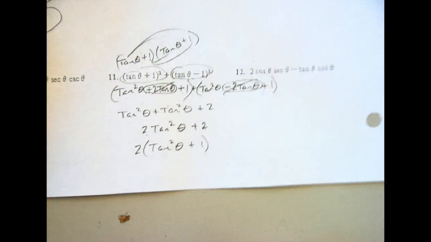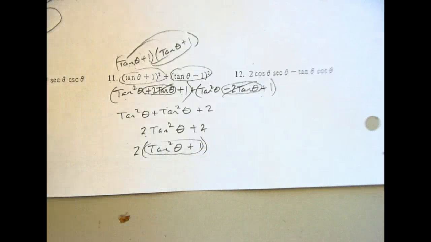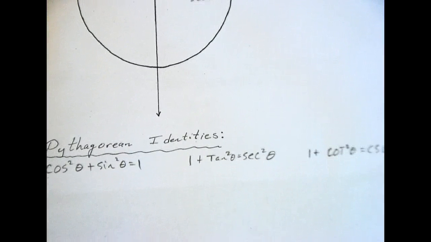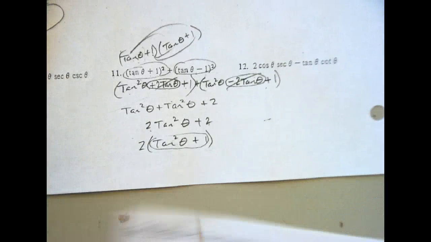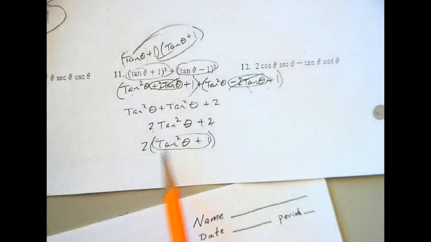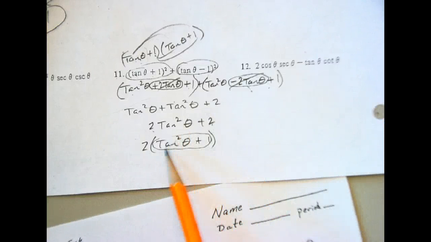Now that I factored, I can apply a property here. And that's why I gave you this circle when you came in. I gave you this to have right next to you, that way if you can't remember them, you can look at them. Tan squared theta plus 1. Anytime you see one of your 6 functions squared, you should think, hey, if it's coupled with a 1, that gives me a property, or even if it's not coupled with a 1.